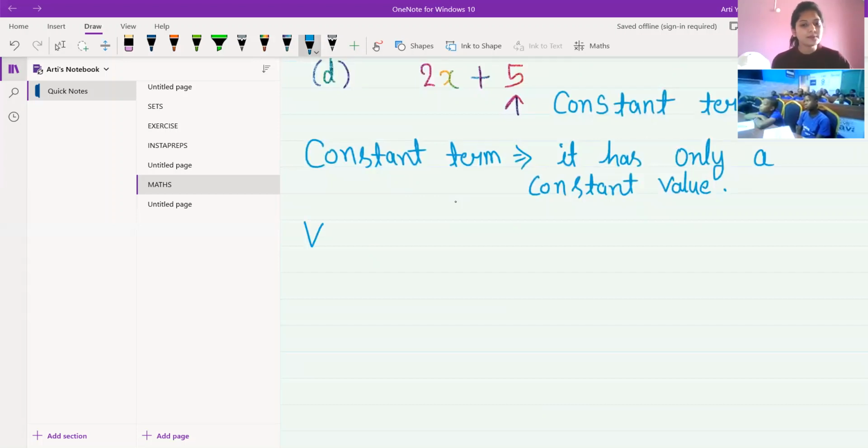And a variable term can be a combination also.